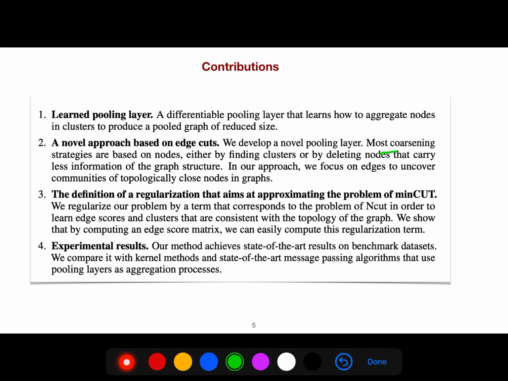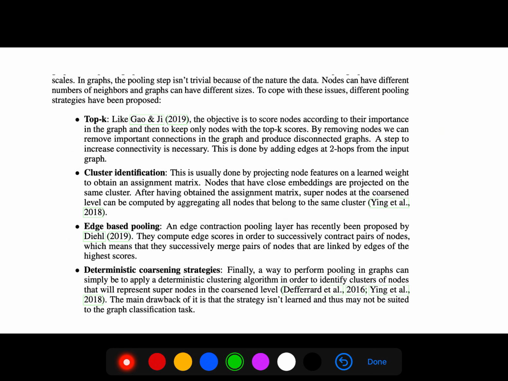And most coarsening strategies are based on nodes, either by finding clusters, but this paper is just about graph cut. We focus on edges to uncover communities of topologically close nodes. So they classified different kinds of papers on this pooling.